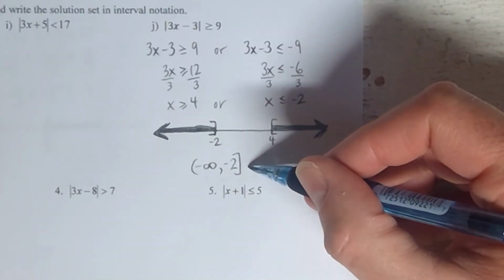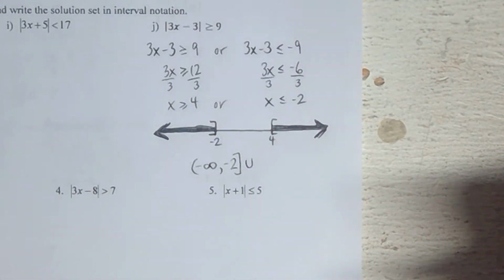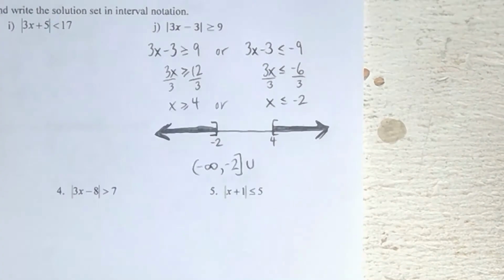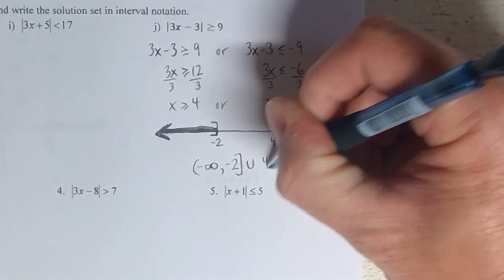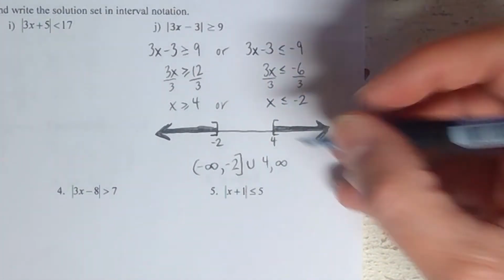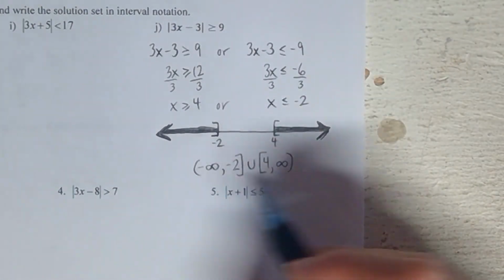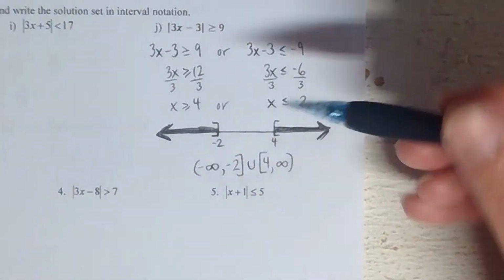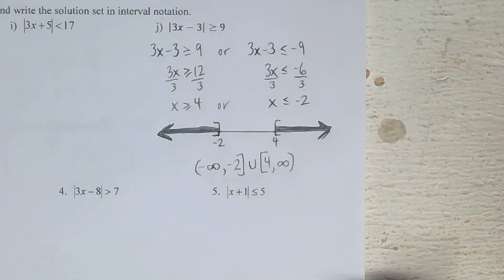And then you can either put the word or in between or the letter U, either one. I'll do U this time because that's what the book likes to do in chapter 4. And then it starts back up at 4 and goes all the way forever to the right, and that means infinity. Infinity and negative infinity are always round. Negative 2 and 4 are square because the number line tells us that it is.